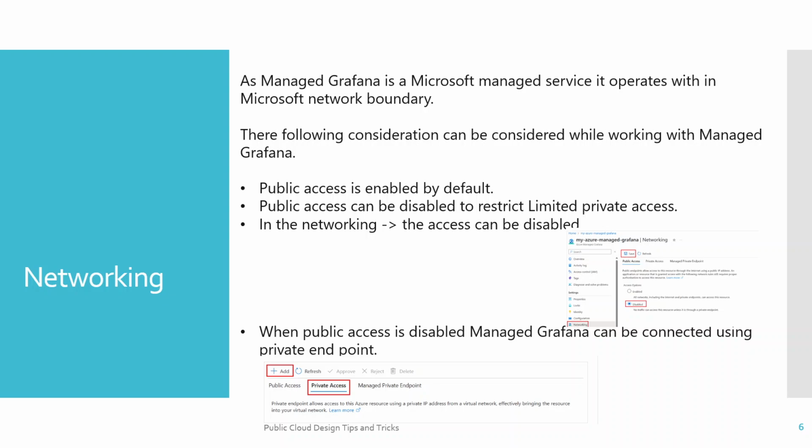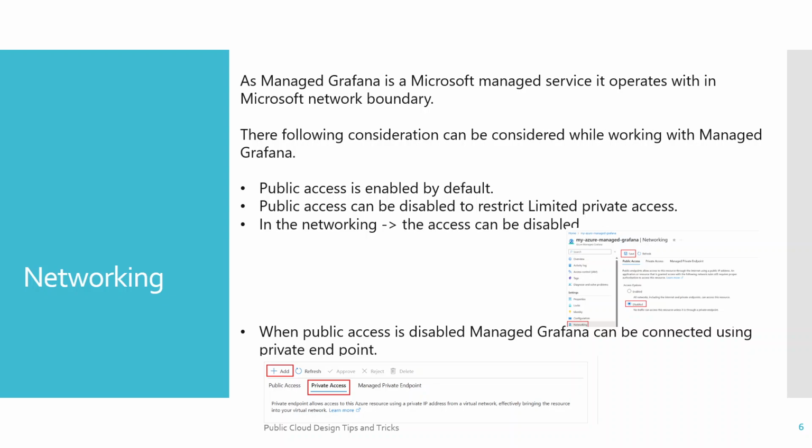So by default, public access is enabled in Grafana, and it can be disabled to restrict or limit the traffic to private access. So you go to the networking section and you can disable the public access default checkbox.